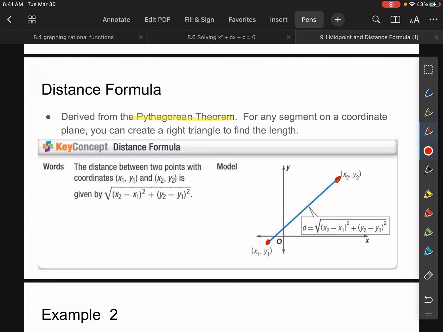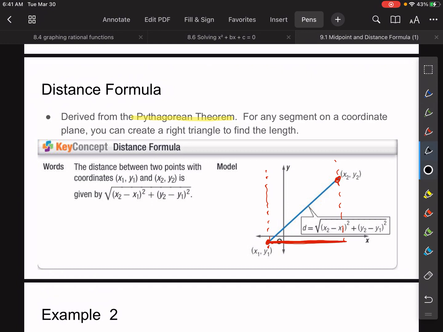It doesn't matter. But if we looked at this, these are the x values, the difference in the x values, right? So where I am on the x here and where I am on the x right here will be the distance here that's in red, right? And then let me change colors here, we'll go to black.